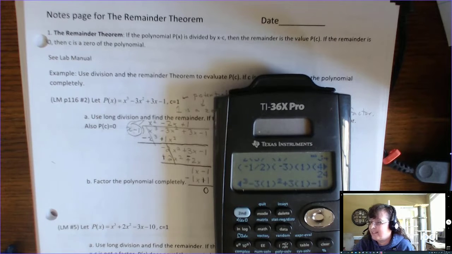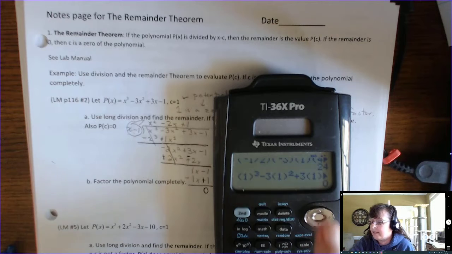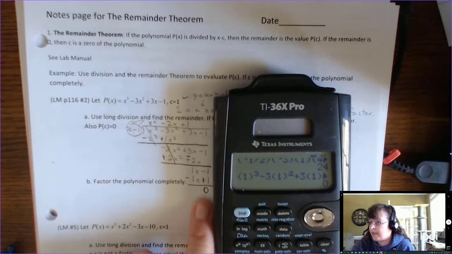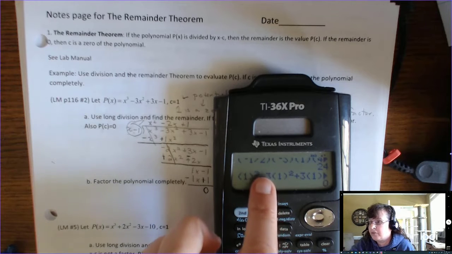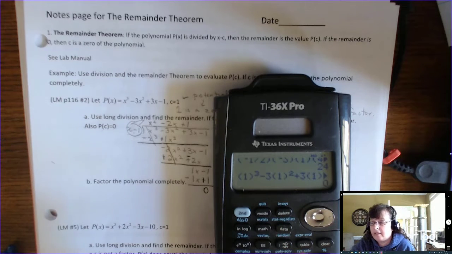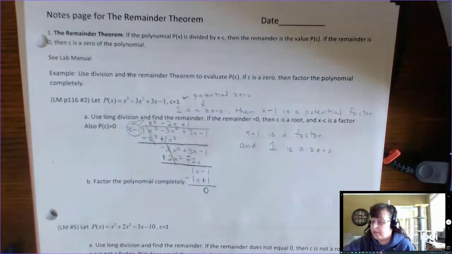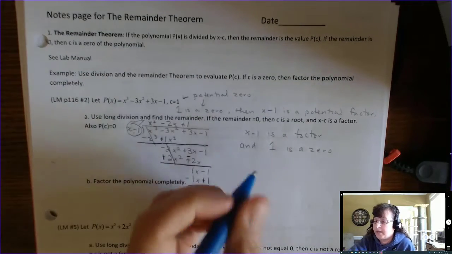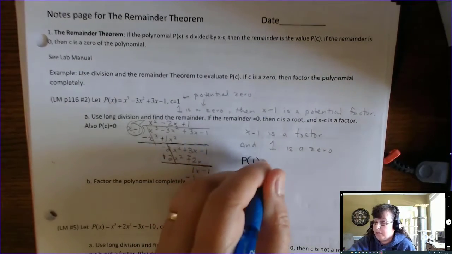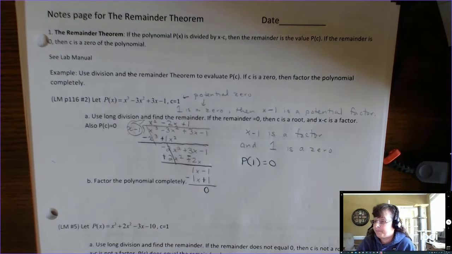So I'm plugging that 1 in, and when I hit enter, that 0 is that remainder. So the remainder theorem says you can just plug potential zeros in, and if it equals 0, that means it's a root. It's a 0. So we confirm that with the remainder theorem. We found out that P of 1 did indeed equal 0.